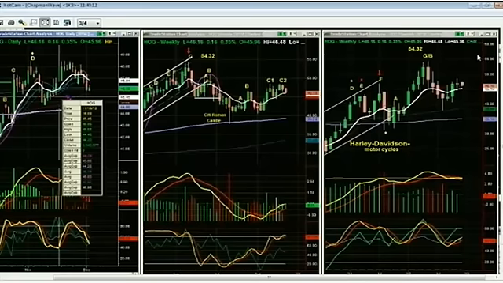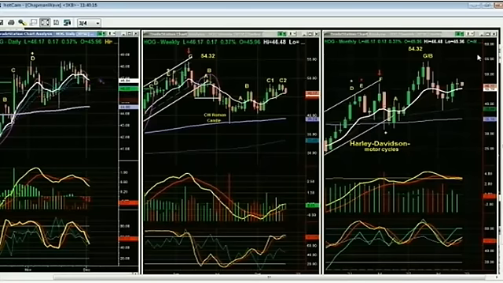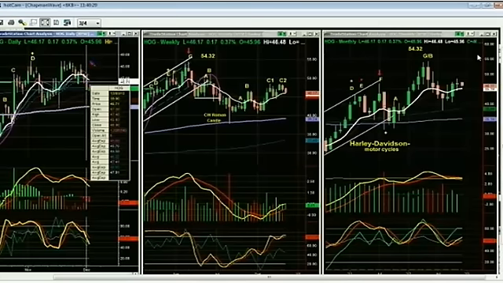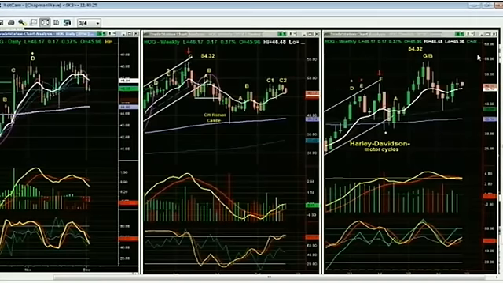If at any point in the next 3 to 5 trading sessions you see Harley take out yesterday's high of 47.40, that's going to be very positive, and then it will be going to leg D up in the weekly chart, about 48.49. So those are my parameters.